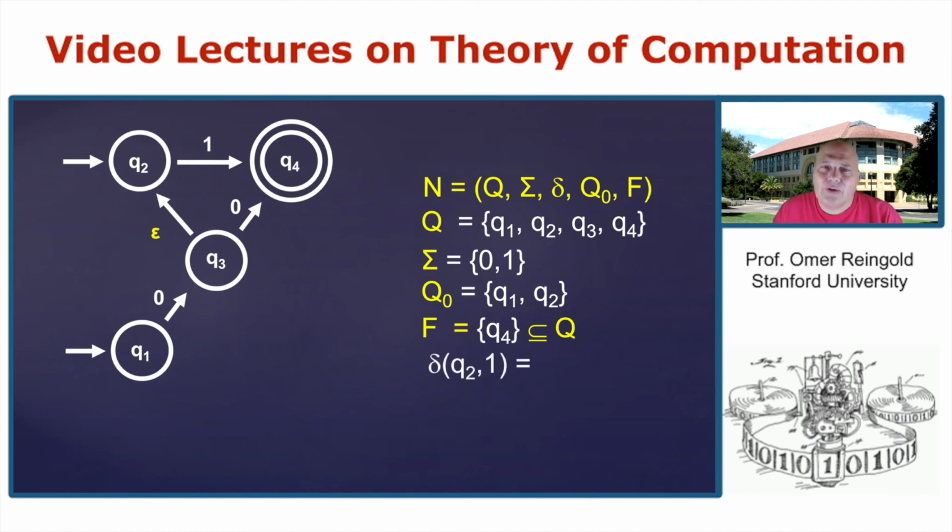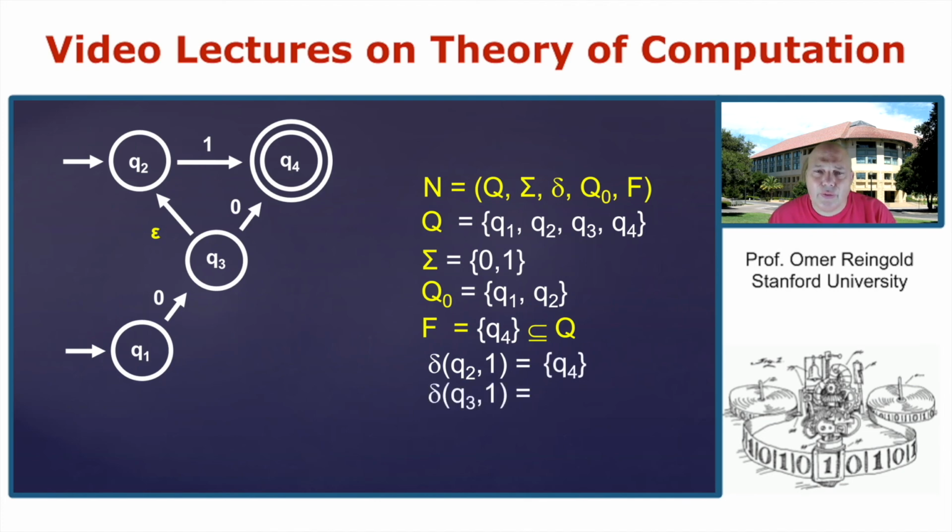And now let's start defining the transitions. To define it, again, for every state and for every symbol, we're going to define a subset of states you can move to. So delta of Q2 and 1: given that you're at Q2 and you read 1, which state can you get to? Well, there is a single state. You can only reach Q4.